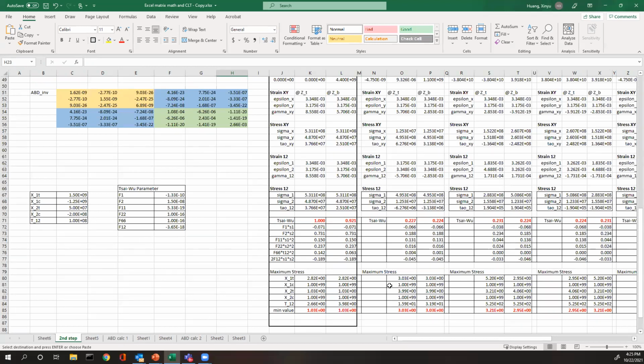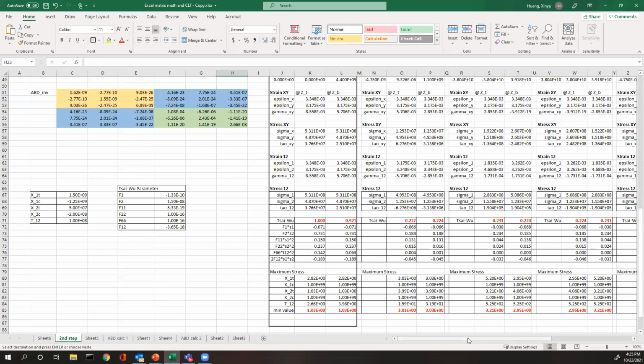Okay. Anybody remember how the ply property was reduced if you have matrix cracking? What's the recommended reduction? You basically reduce your matrix controlled property by 75%, and fiber controlled property remains the same, right?